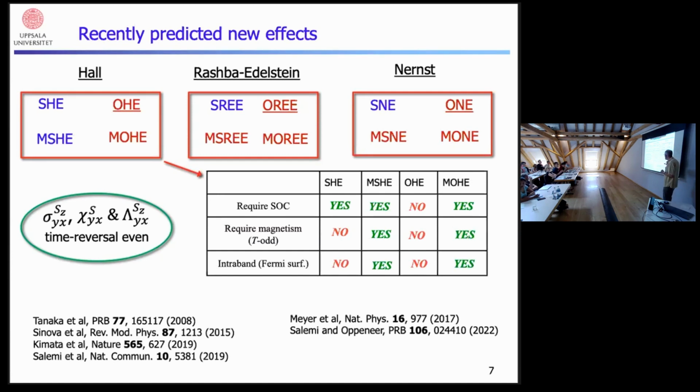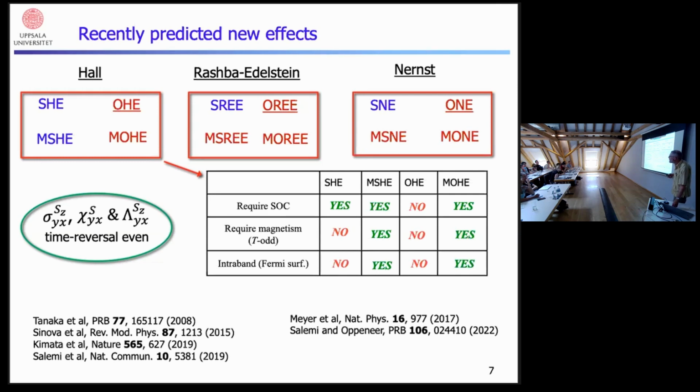The orbital Hall effect, you don't need spin orbit interaction. Those magnetic effects, they are odd, but they require a form of magnetism. And what is also interesting is that these magnetic effects depend on the Fermi surface term, and not on the Berry curvature term.